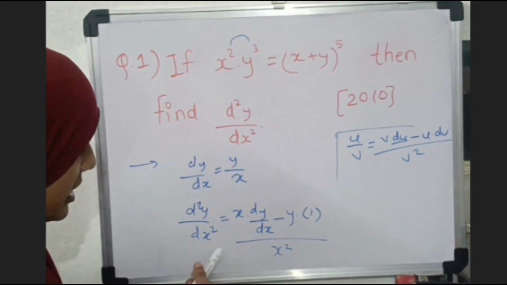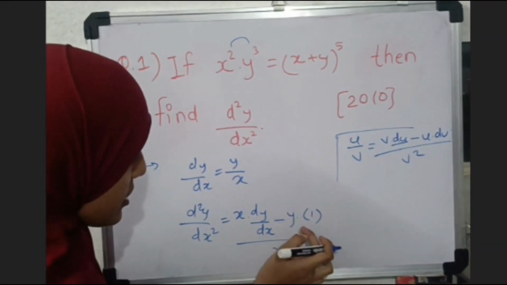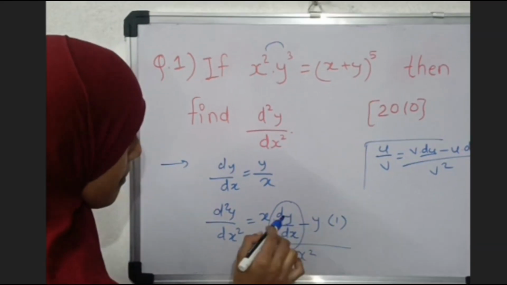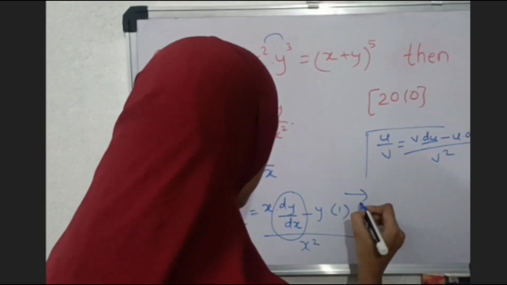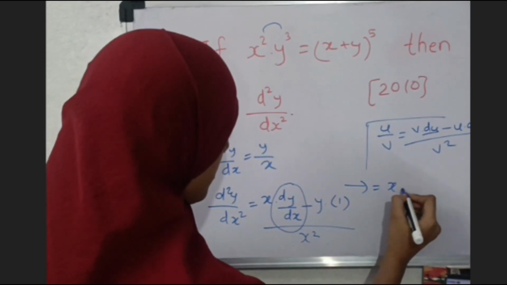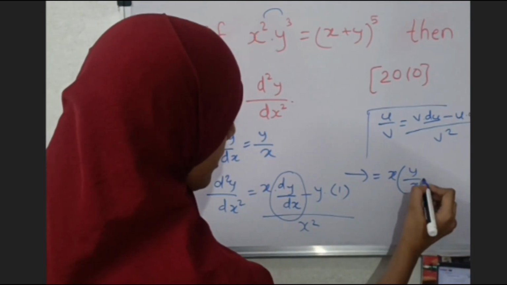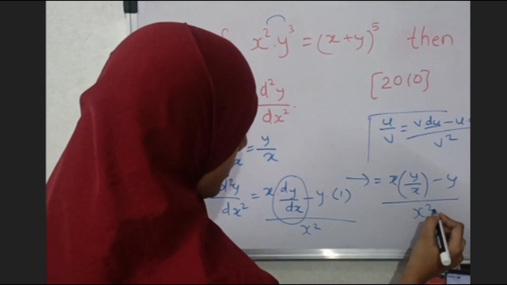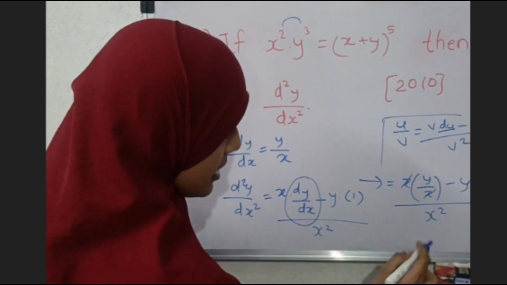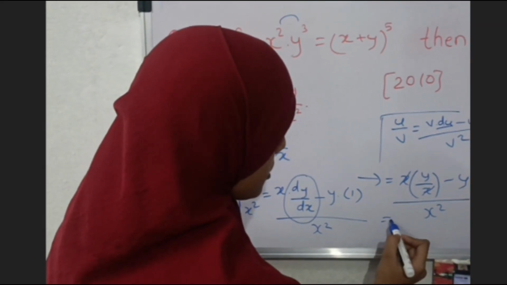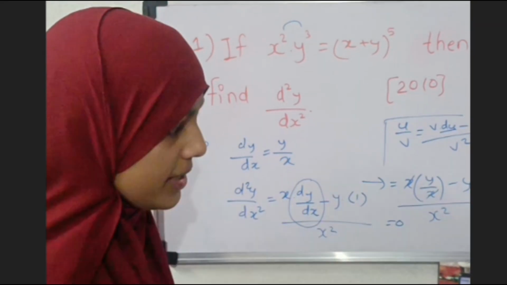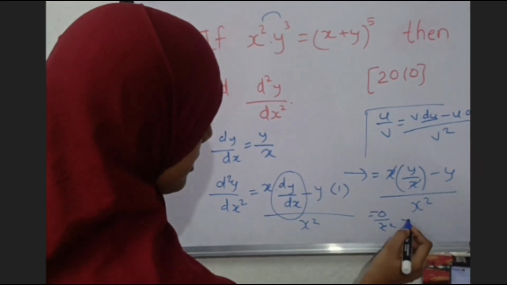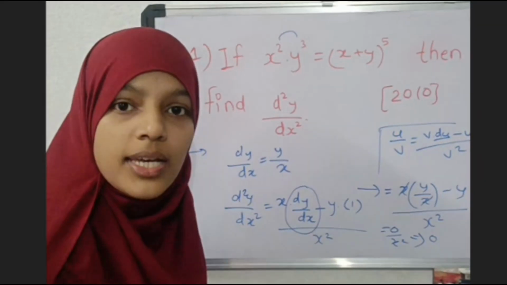So d2y by dx square will be (x into dy by dx minus y into 1) divided by x square. What we know here is the value of dy by dx, that is y upon x. We will put it in the equation. So our equation will be (x into y by x minus y) divided by x square. Here x will get cancelled. y minus y will be 0. If 0 is divided by anything, the answer will be 0 itself. So the answer will be 0.